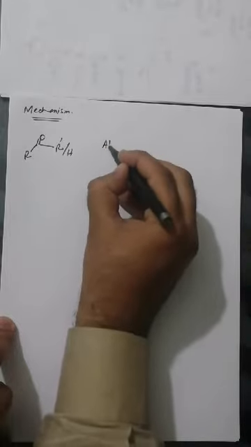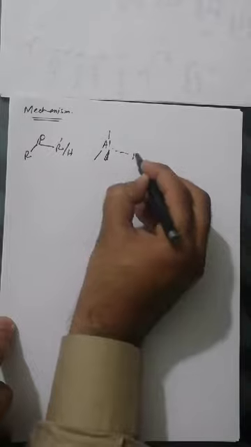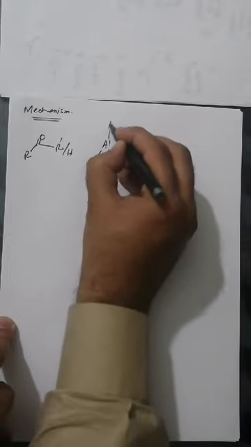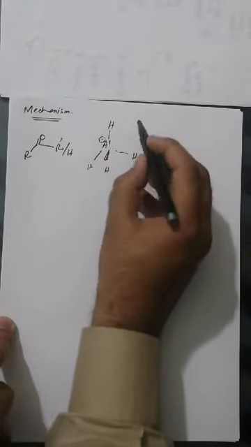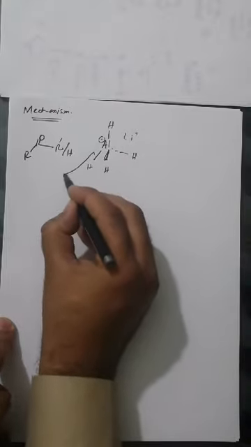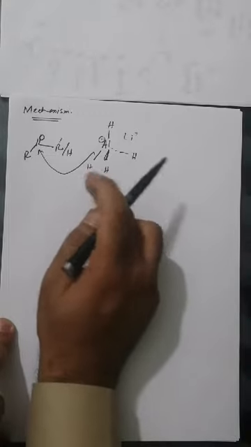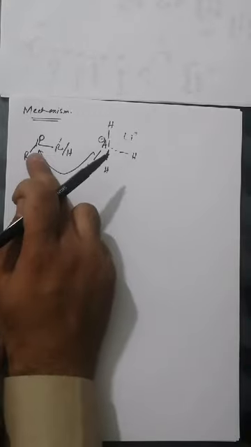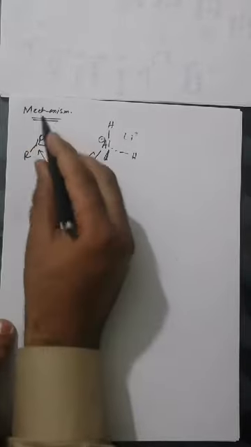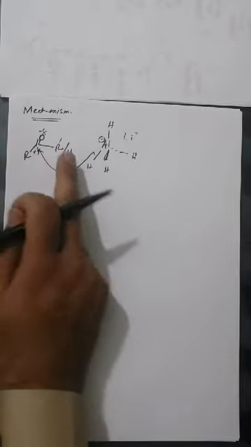What happens, this aluminum hydride, the hydride ion as a nucleophile attacks on this carbonyl compound, on this keto carbon, which is a polar bond.